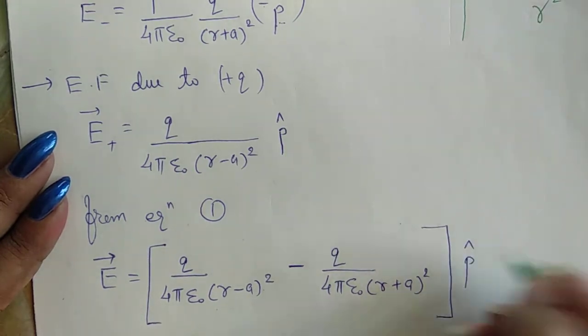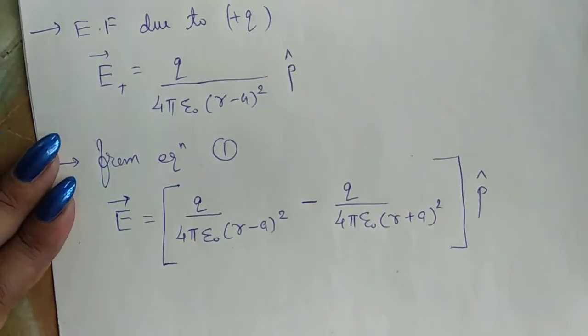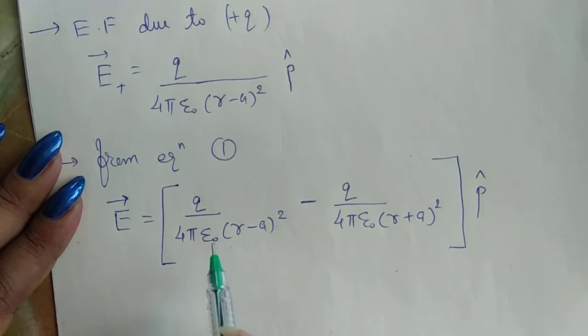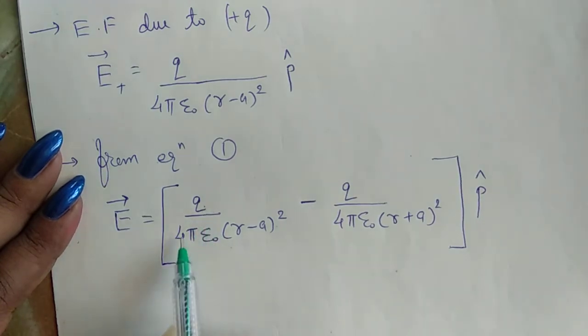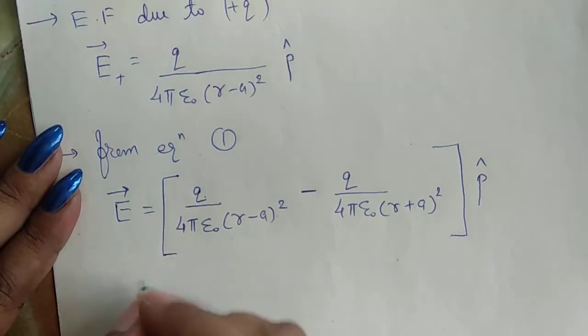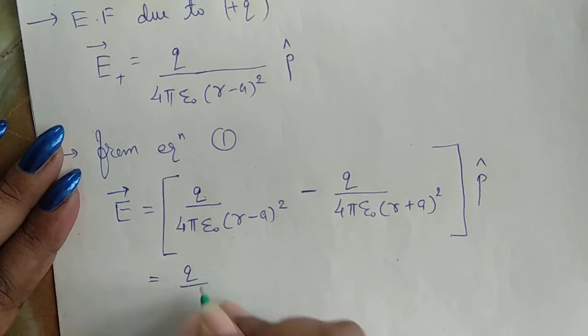And the p cap can be taken out common. One more thing can be taken common, you see q upon 4 pi epsilon naught. So we'll take it out.